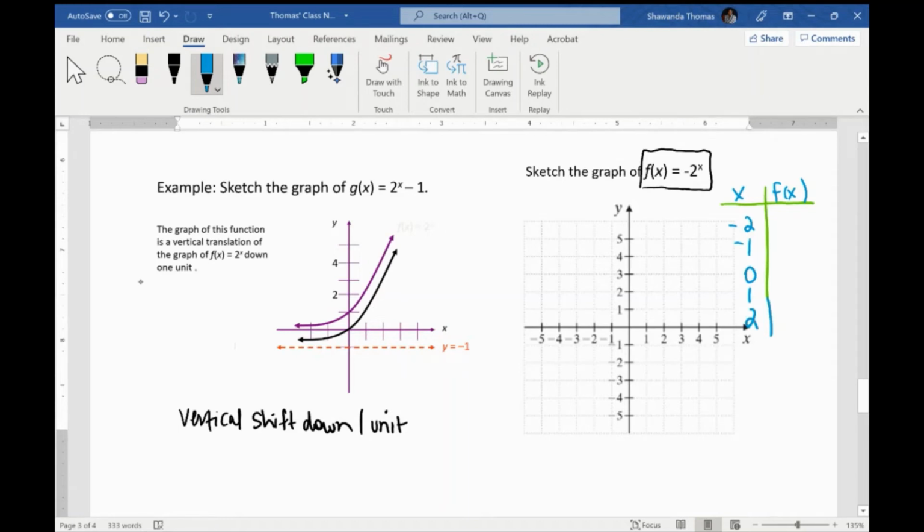All right, plug in -2. Tell me what you get. I'm plugging in with you. -2. Anyone? -0.25. -0.25 is correct.